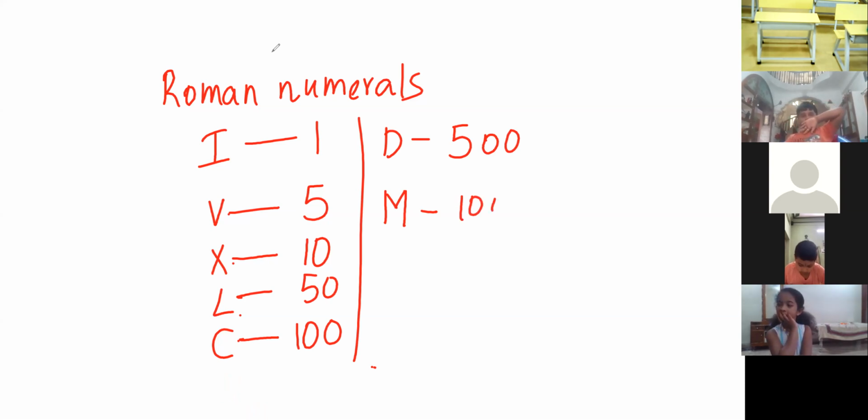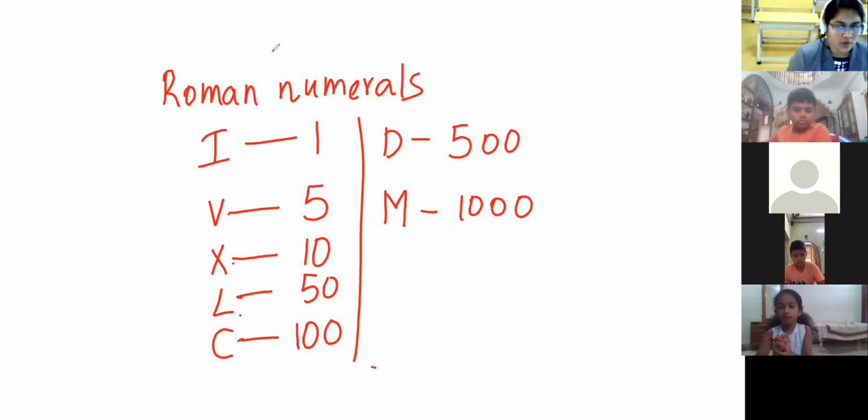And the value of M is 1000. Depending on these values, Romans wrote infinite numbers of values using only these 7 letters. What are those basic 7 letters in Roman form?